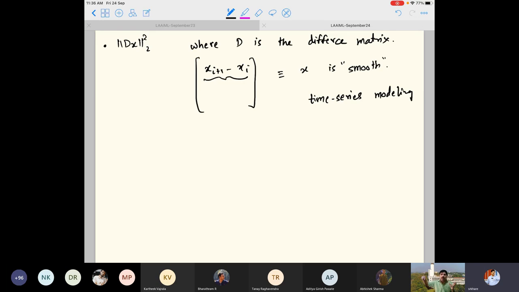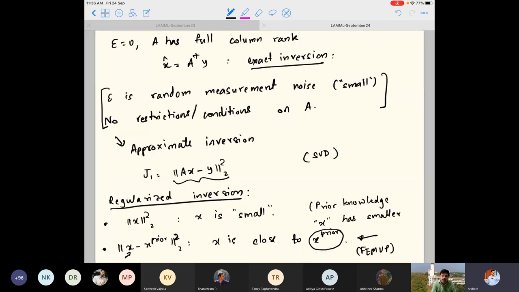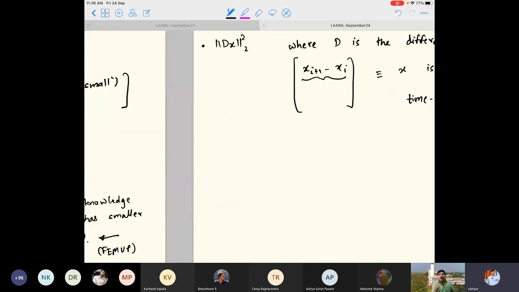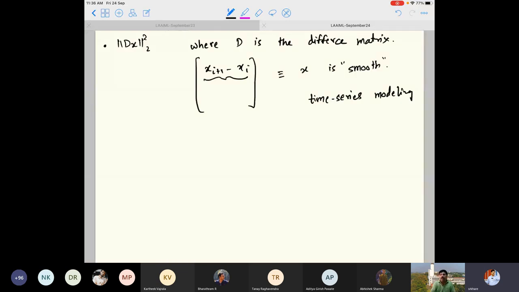That trend is what you are trying to catch through this model, possibly Ax minus y whole squared. But at the same time, you want these values not to change drastically, not to jump too much, x_{i+1}, x_{i+2}. So you want this time series to be smooth, and that smoothness is the additional objective, which can be set through this Dx squared. These are the different things that you have.